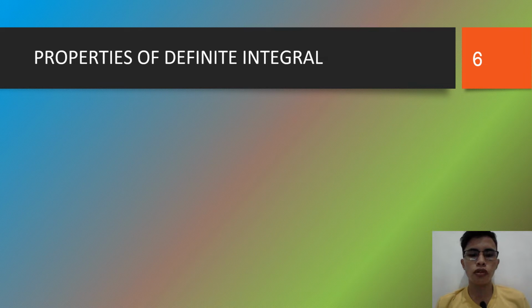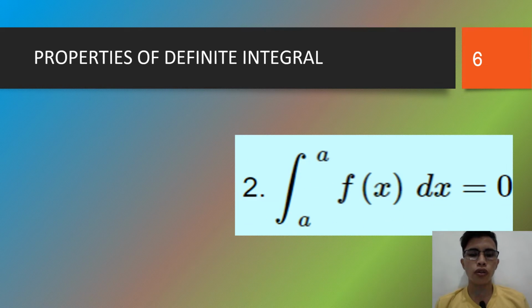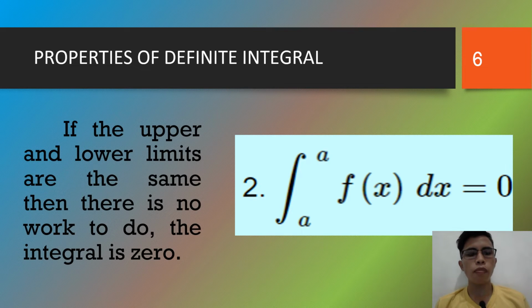Okay. Let's proceed to property number 2. If the upper and the lower limits are the same, then there is no work to do. The integral is 0.